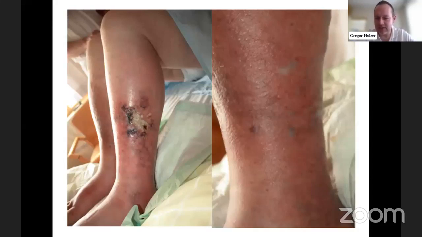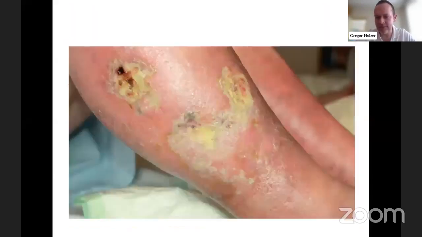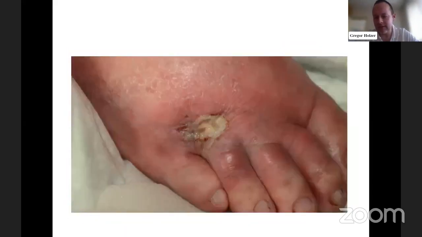There were also some tiny spots of whitish appearing atrophic areas. On the other leg, the ulcer situation was not as dramatic, but still as painful. A third ulcer on his right foot showed fibrin-coated erythemas, very painful.